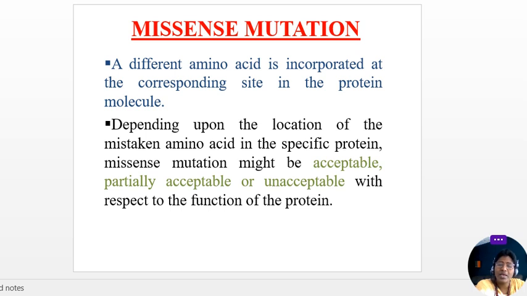So in the polypeptide, the codon where the mutation occurs produces a different amino acid. Based upon the location of the mistaken amino acid in the specific protein, a missense mutation may be acceptable, partially acceptable or unacceptable with respect to the function of the protein.